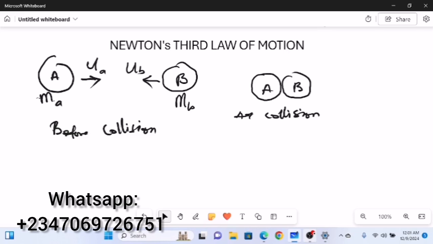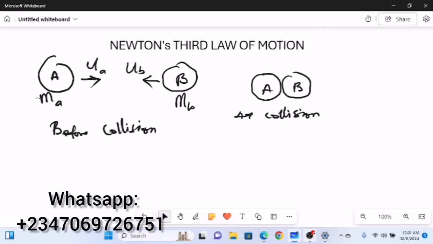Now after collision, the mass of the objects plays a very key role. If the mass of object A is larger than that of object B, the two objects after collision will move in the same direction as object A, and vice versa.